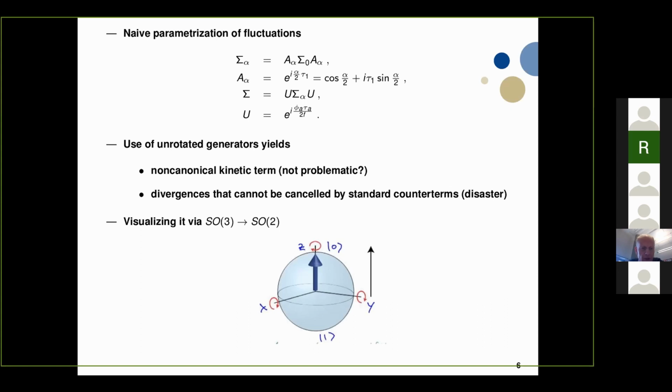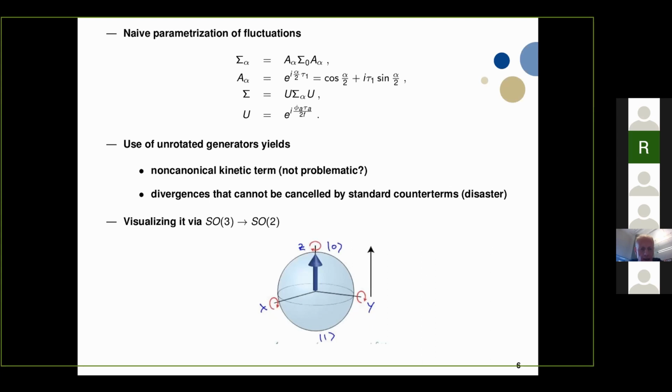If you do that, you're going to run into a couple of problems once you expand your Lagrangian to, let's say, quadratic order, if you want to look at dispersion relations. Now, the two problems that we discovered are, first, that you're going to get a non-canonical kinetic term. That might not be problematic because you can think of redefining your fields.